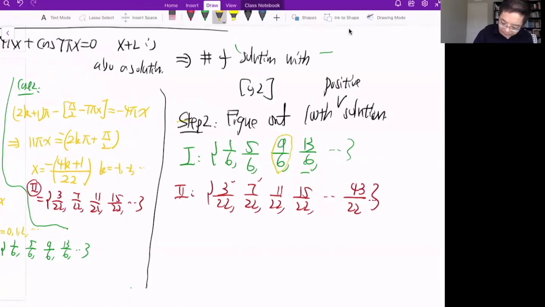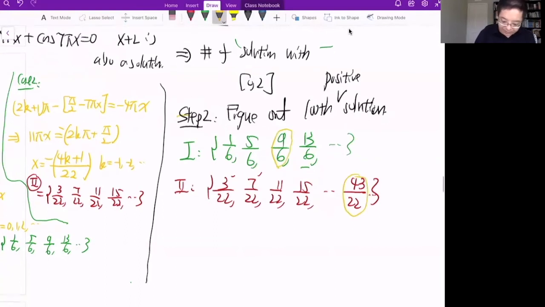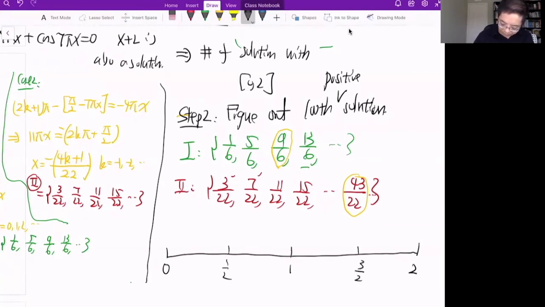Now let's mark those solutions on the interval from 0 to 2. In the middle, this is 1, this is 1 over 2, this is 3 over 2, this is 1 over 4, 3 over 4, 5 over 4, and 7 over 4.